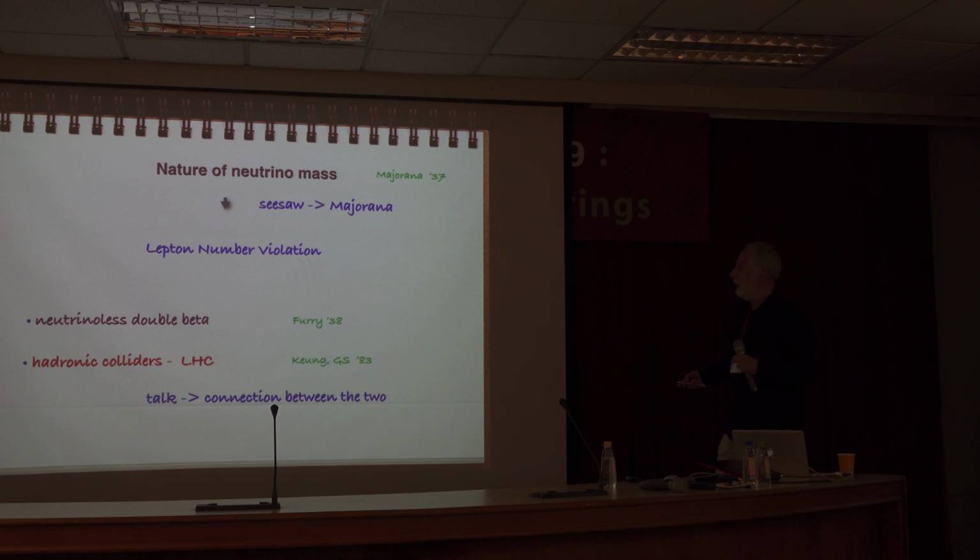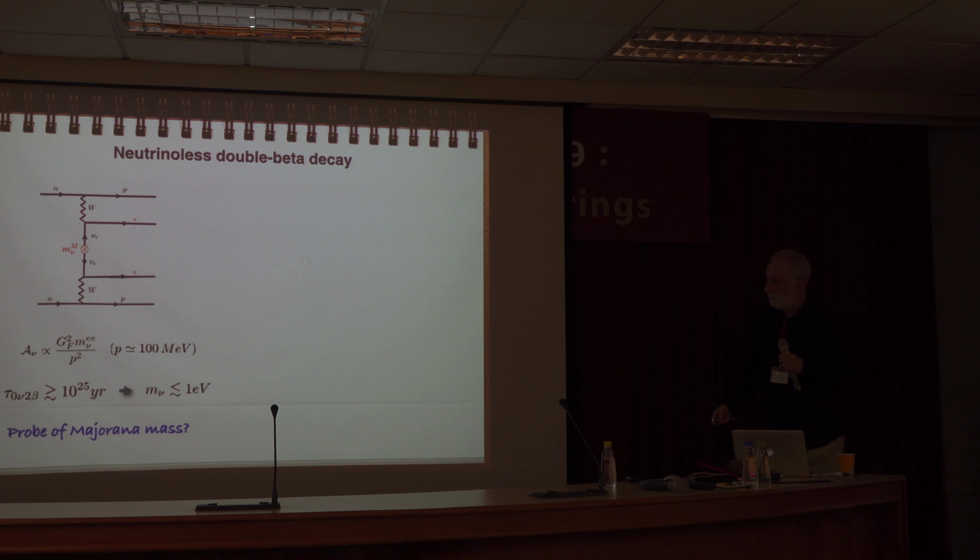And the work that I've done with Wai-Yee Keung, who is here, on the analog at hadron colliders, such as the LHC, you will see that in this left-right symmetric theory, there is a profound, deep, precise connection between these two physical processes. Neutrinoless double beta decay is often claimed to be the probe of Majorana mass of the neutrino because of the obvious fact that once you have a Majorana mass for the neutrino, you get a non-vanishing neutrinoless double beta decay.